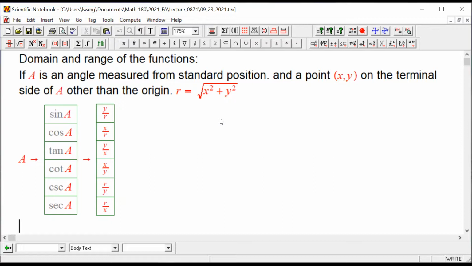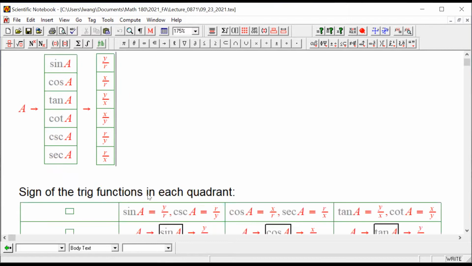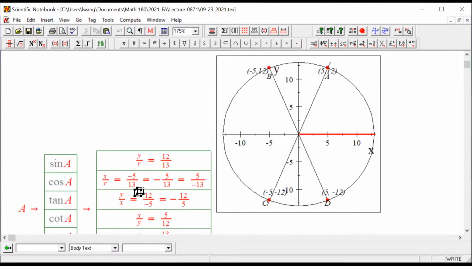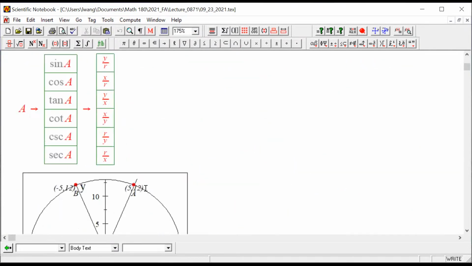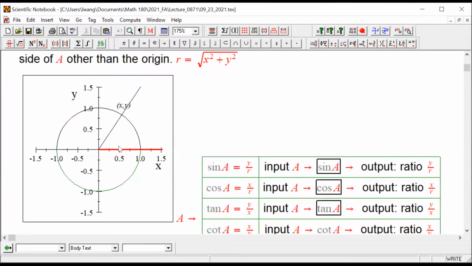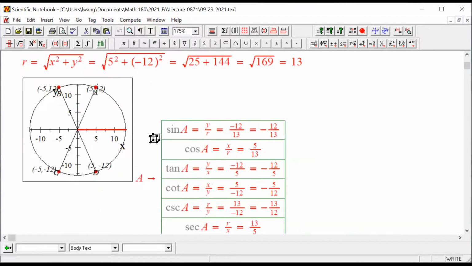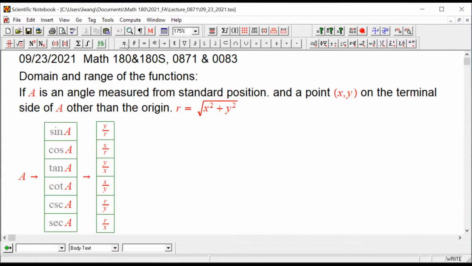Okay, from the definition. So now let's start with sine, the study of sine. If we look at the definition, with the stage set, we know it's y over r. What kind of setting is it? So I'm going to bring back a picture we have done before, so you guys will have some idea and also some visual.